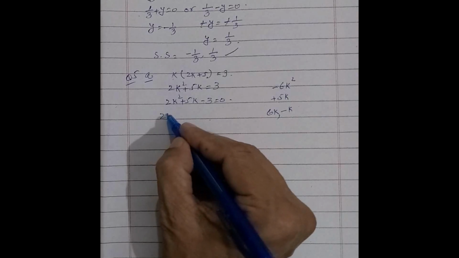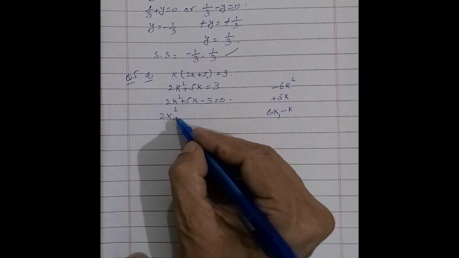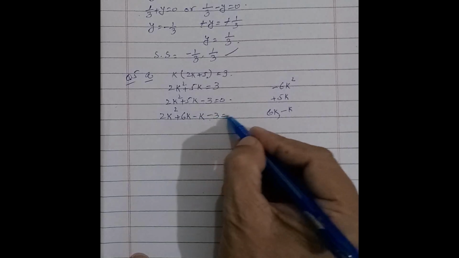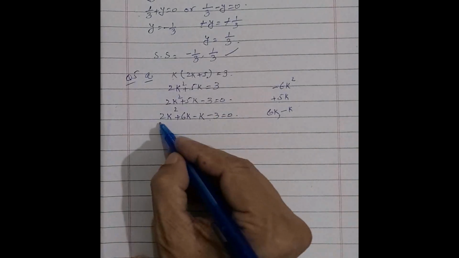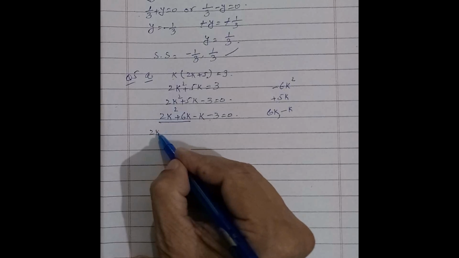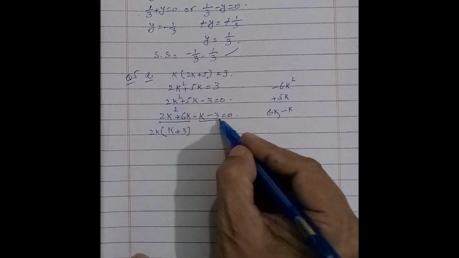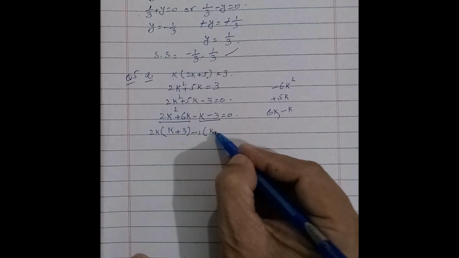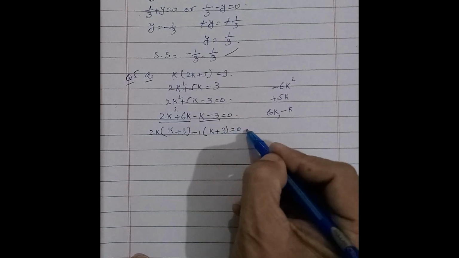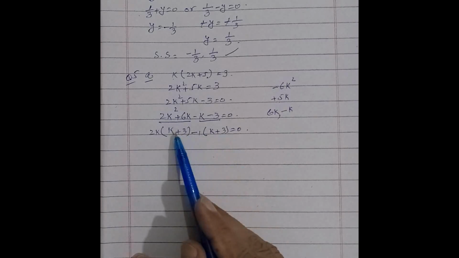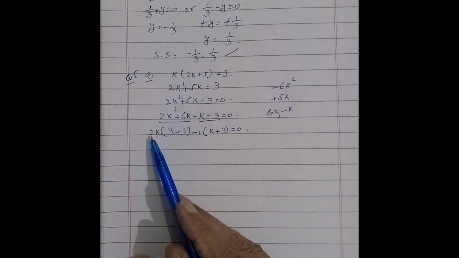To solve the equation, we have 2k square plus 6k minus k minus 3 is equal to 0. Take common 2k, the remaining value is k plus 3, and take common minus 1, we get k plus 3 is equal to 0.